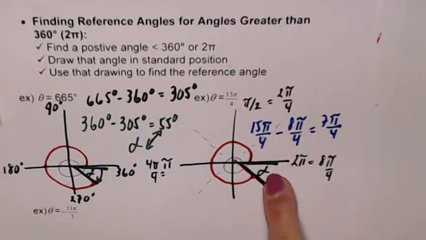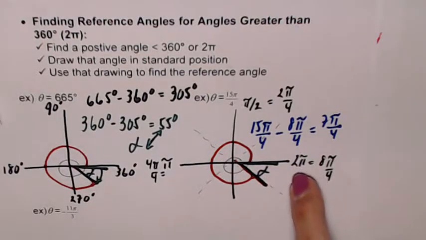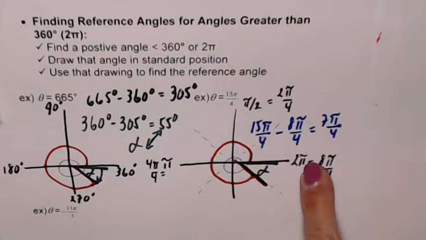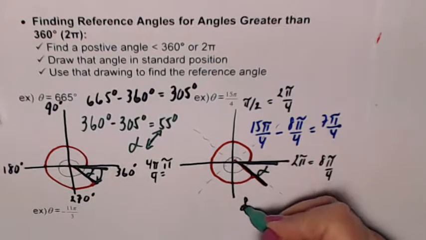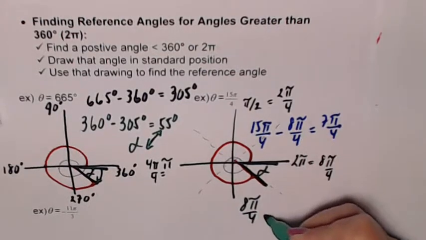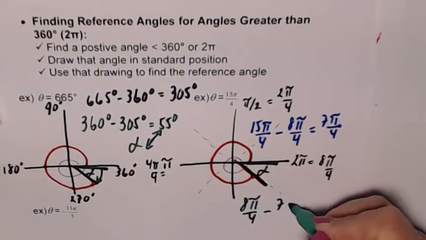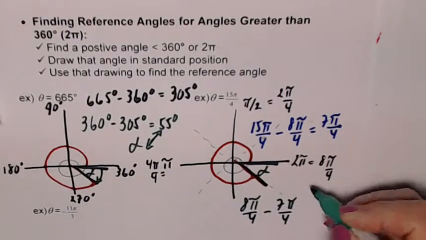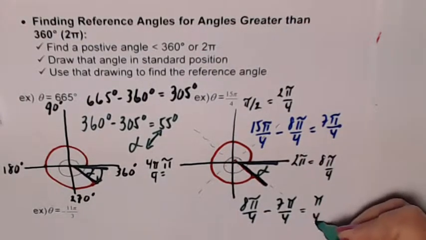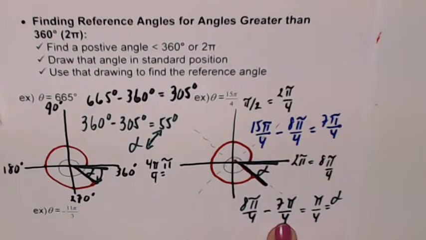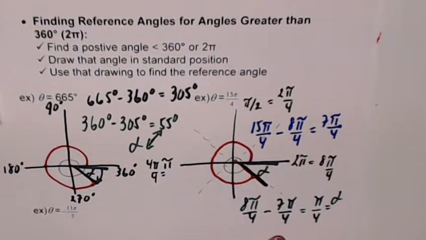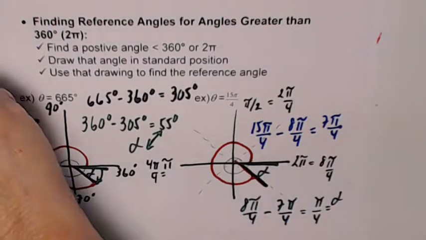To find the measure of this, we know that this is 8 pi over 4, and we know that we've gone 7 pi over 4. So 8 pi over 4 minus 7 pi over 4 gives us pi over 4, which is alpha. And this is very similar to another example we did finding reference angles.